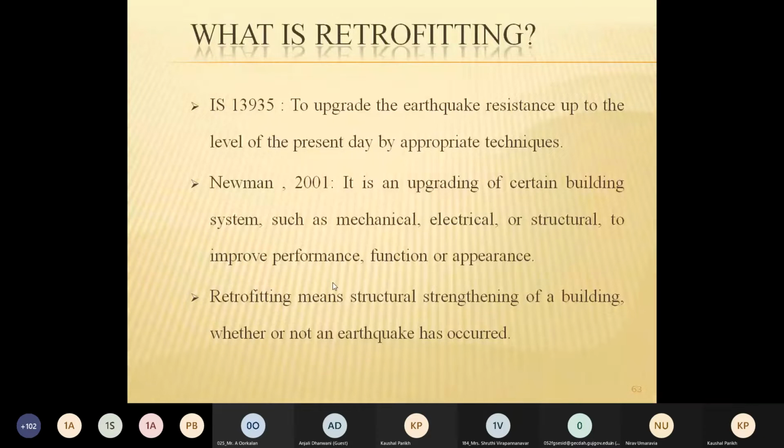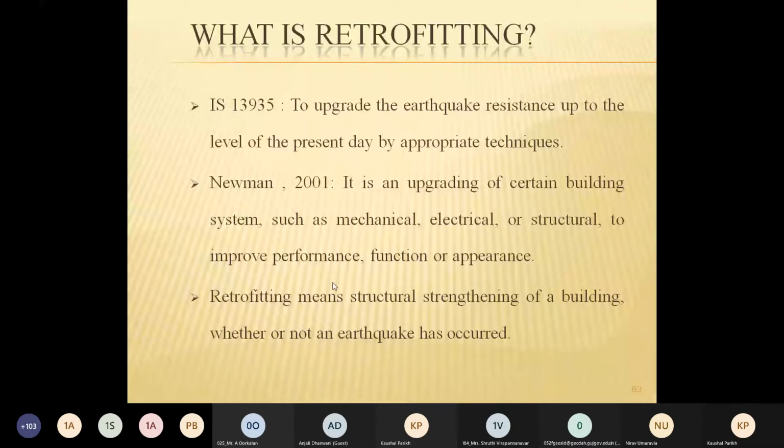Now, as per IS 13935, retrofitting is nothing but to upgrade the earthquake resistance up to the level of the present day by appropriate techniques.